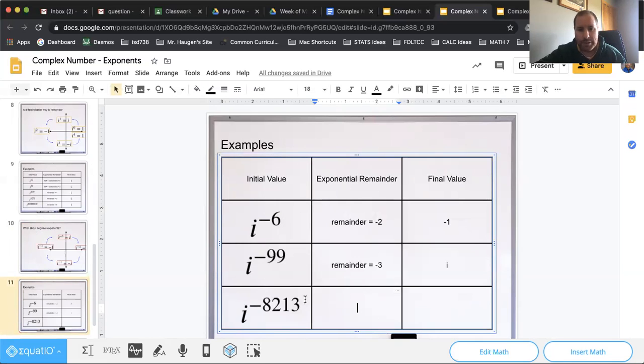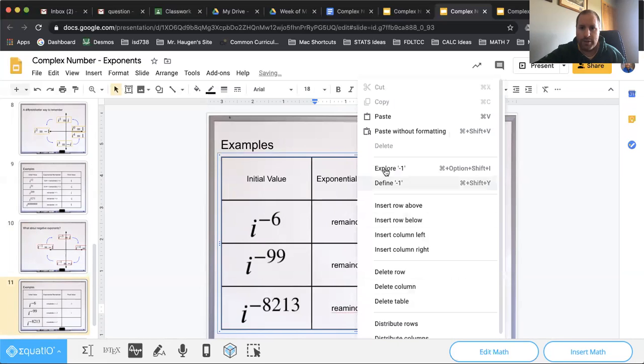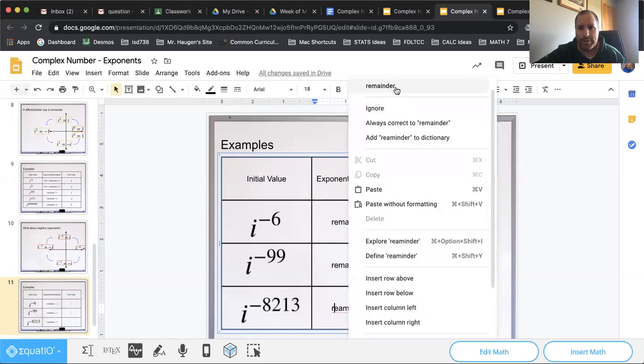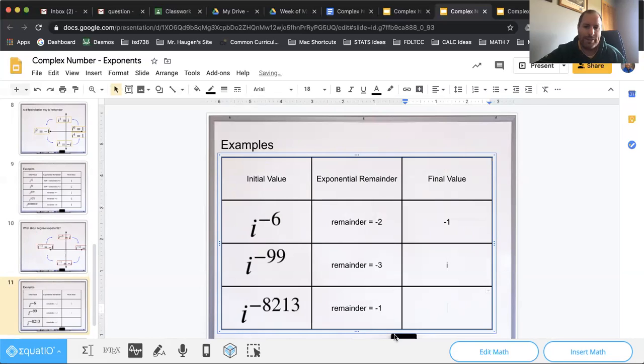And same thing, if we did this type of thing, this has a remainder of negative 1. So in here, that would be negative i when all said and done. But that's with exponents. We can think about them, divide them by 4, look at what the remainder is, and then put their result there.